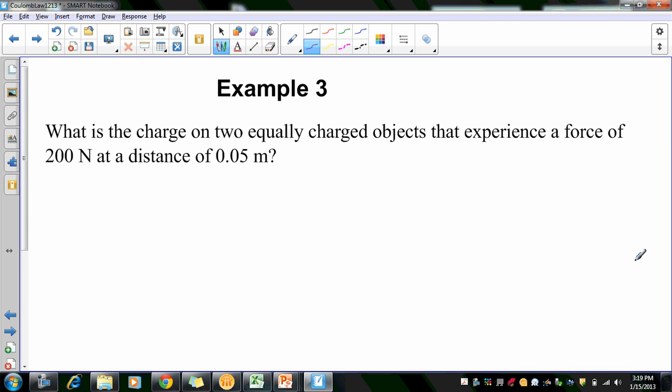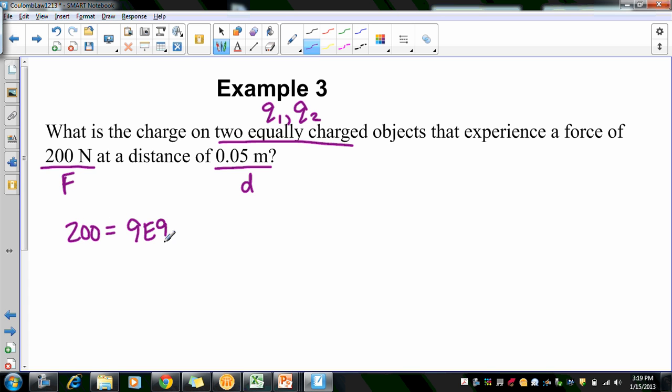All right, last example. What is the charge on two equally charged objects that experience a force of 200 newtons? Okay, so that's our force at a distance of 0.05 meters, which is our D. So we have two equally charged objects. So that's Q1 and Q2. So here we go. 200 equals 9E9 times Q1, Q2 over 0.05 squared.